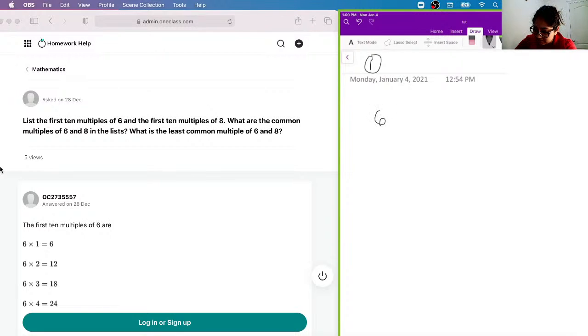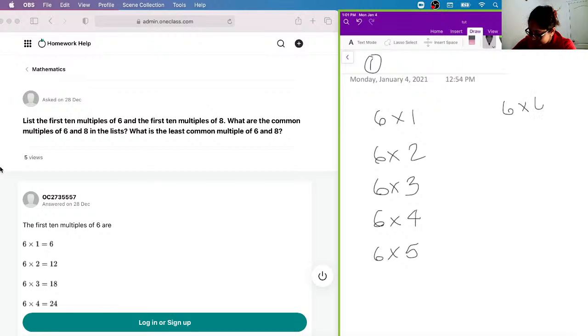So, which is 6 times 1, this basic timetable. 6 times 3, 6 times 4, 6 times 5, 6 times 6, 6 times 7, 6 times 8, 6 times 9, and 6 times 10.